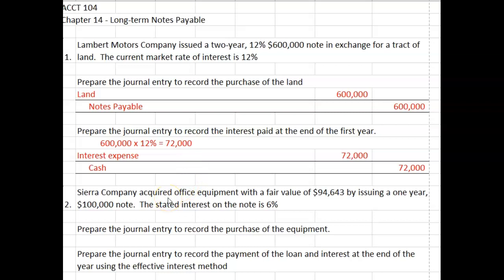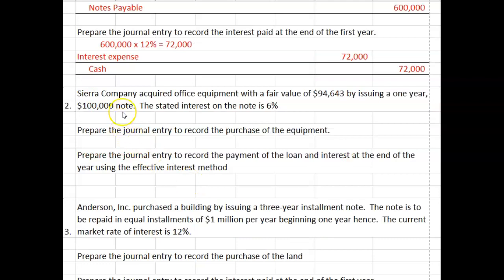Sierra Company is a little bit more involved, a little bit more difficult. So let's work with it together. Sierra Company acquired office equipment with a fair value of $94,643 by issuing a 1-year, $100,000 note.